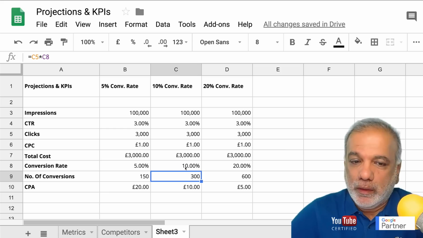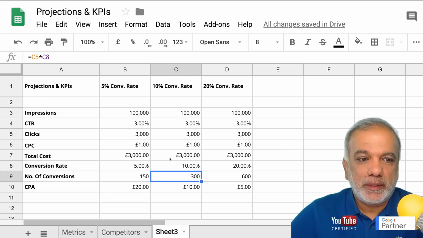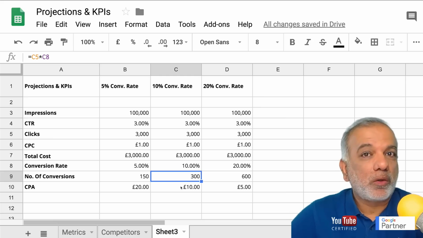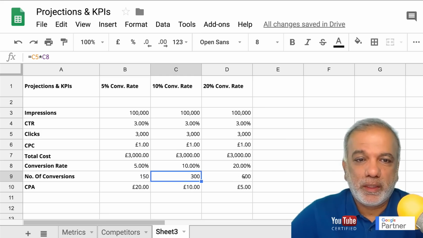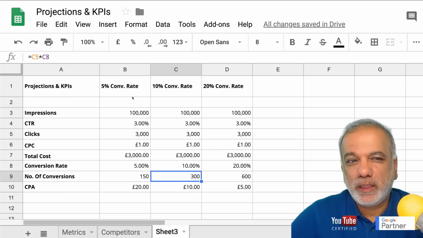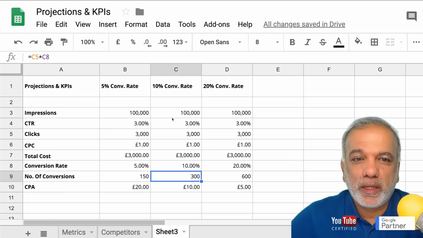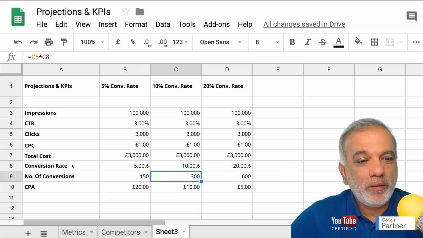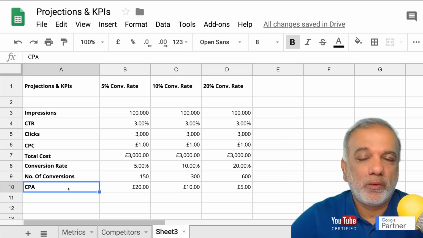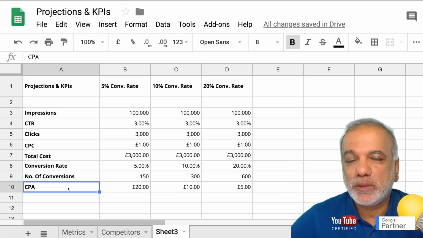Now obviously the conversion rate has doubled, my number of conversions has doubled as well, and my cost per acquisition has halved from 20 to 10. And then over here again it has doubled and it has halved again. So now I can see very quickly and easily what I will achieve with these conversion rates and what will be my cost per acquisition.